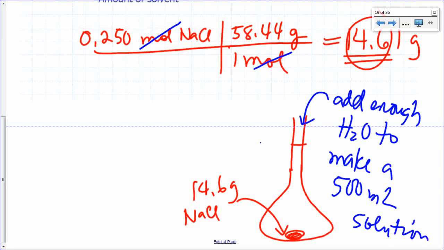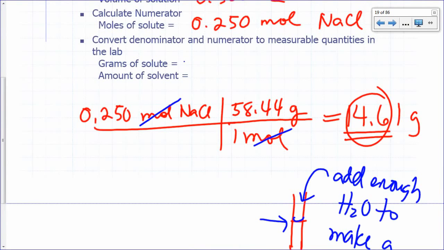I'm going to use a volumetric flask that has a 500 mL capacity. If I bring my water level up to that mark, I know that I have a total volume of 500 mL. So grams of solute here is 14.6 grams. The amount of solvent here is not 500 mL of water. It's enough to bring the total volume to 500 mL.